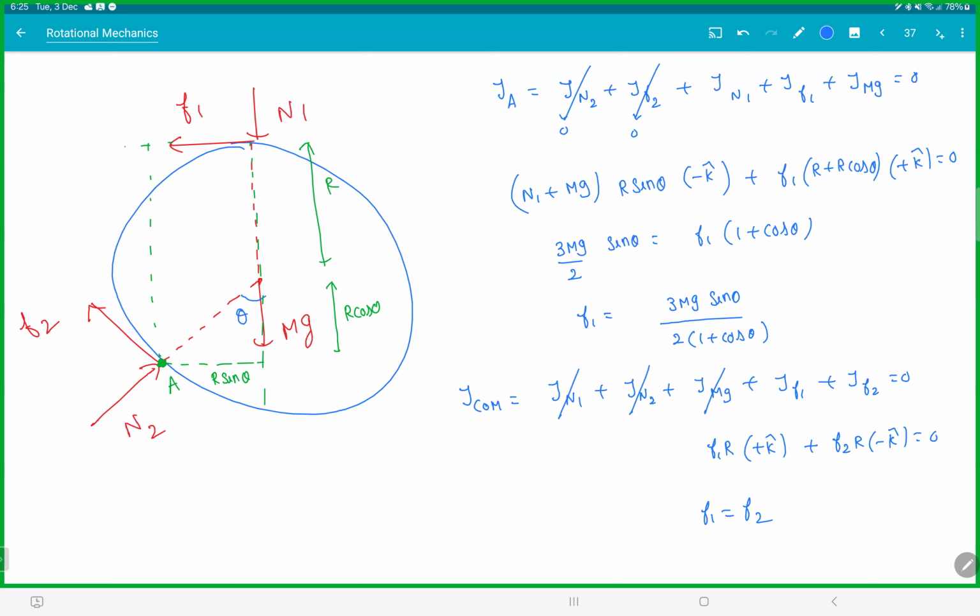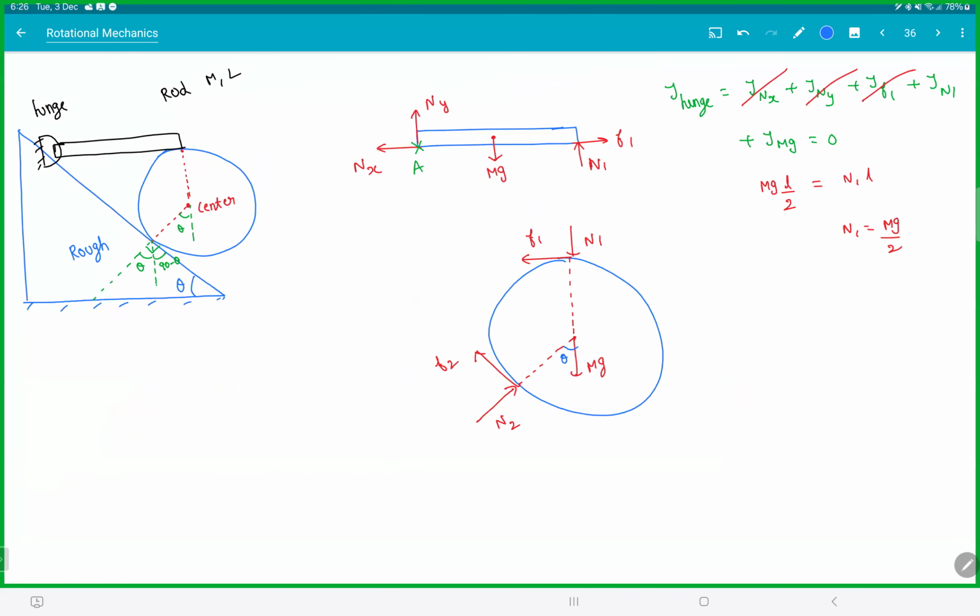So, if I write the forces in the vertical direction, in y direction, the forces will be N2 cos theta plus F2 sine theta will balance N1 plus mg. From here I'll get the value of N2 also. There I got everything. Check it out.